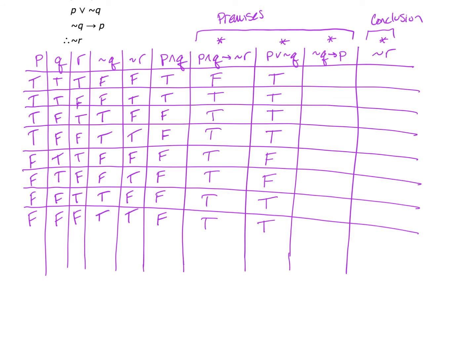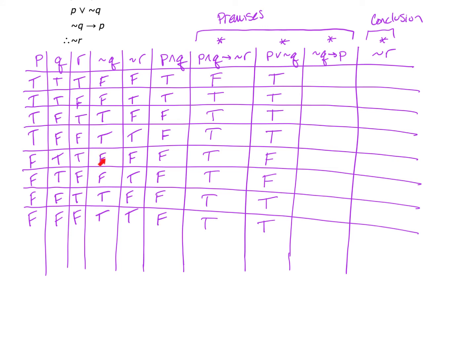Okay, not Q implies P. Again, this is an implication, so the only way you can get a false in here is if you have true, false. So I'm looking at not Q, and I'm looking at P, and I'm looking for true, falses. So here's a true, but P is also true, so that's okay.